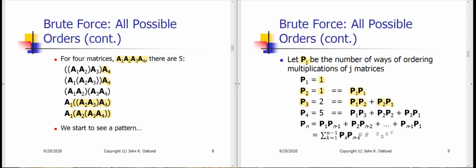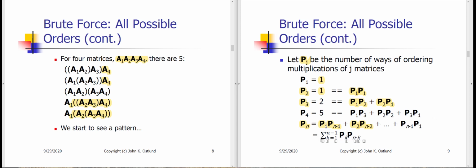And then this pattern just continues, so that when we get to some arbitrary number of matrices, the number of ways of ordering these multiplications is going to be the number of ways of ordering one matrix times the number of ways of ordering all the remaining n minus 1, or the number of ways of ordering 2 matrices times the number of ways of ordering n minus 2, or 3 matrices times the number of ways of ordering n minus 3, or 4 times the number of ways of ordering n minus 4, and so on, all the way up until we get to the number of ways of ordering n minus 1 matrices followed by one matrix.